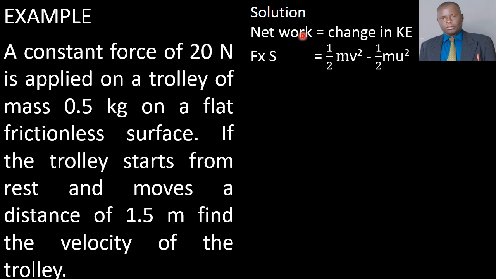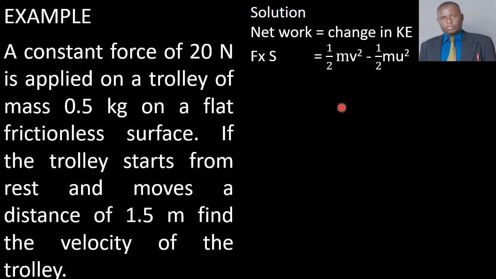So the net work done is force times distance, so this force here multiplied by the distance. And we are told that the mass is 0.5. So the body is moving from rest.